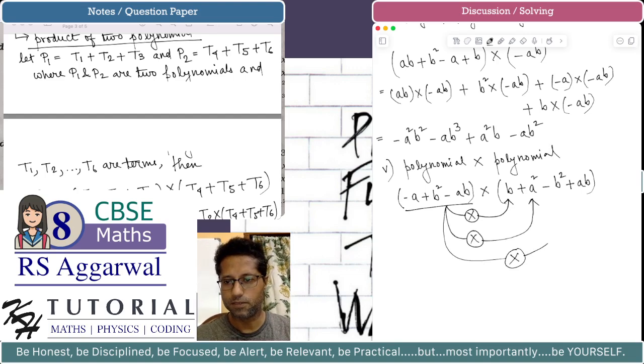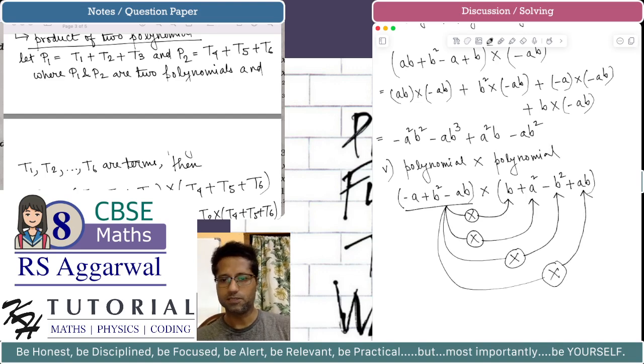I am trying my best to visually explain how the product will be performed. So this means that the left polynomial, that is the polynomial having 3 terms, minus A plus B square minus AB, you find the product of that polynomial with each term of the second polynomial, and then you add all those products.